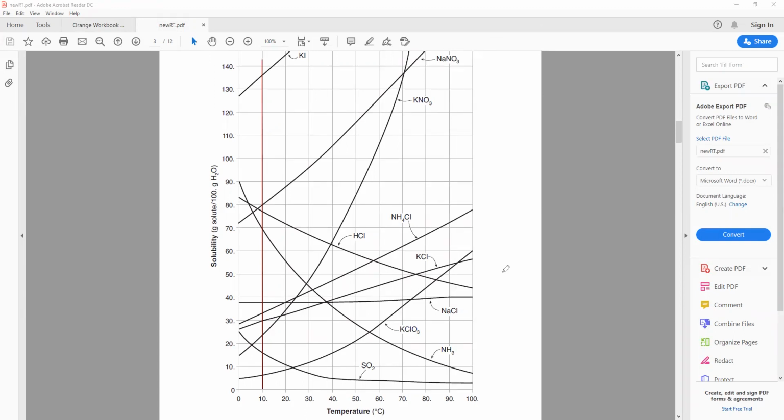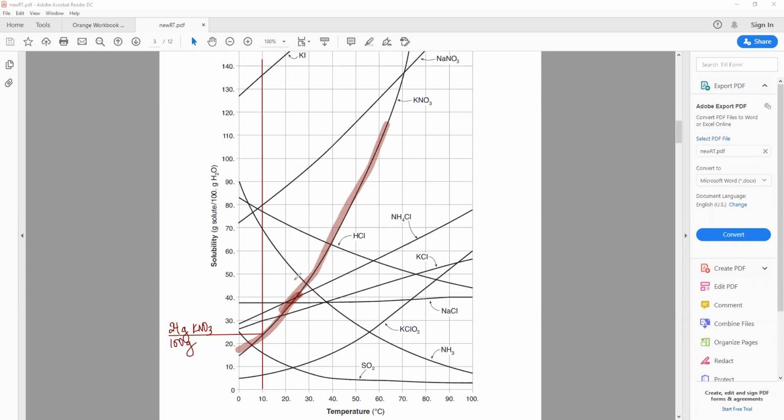We're going to look first at KNO3. If we draw it, KNO3 at 10 is over here. So I'm going to write over here, that's my KNO3, and I need approximately 24 grams of KNO3 to make a saturated solution at 100 grams.